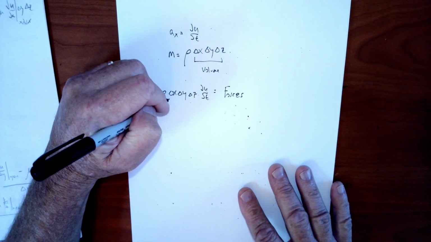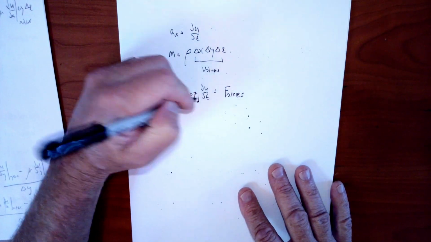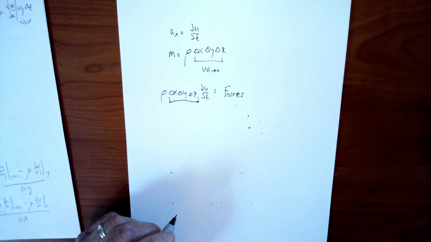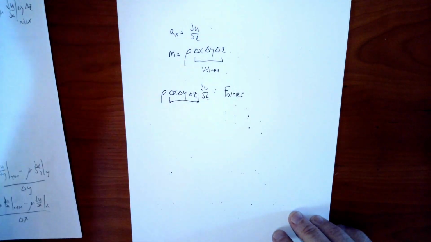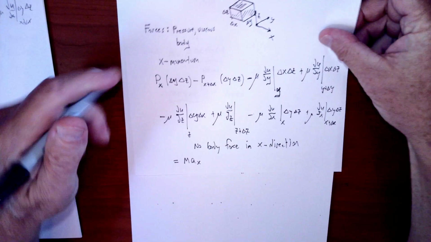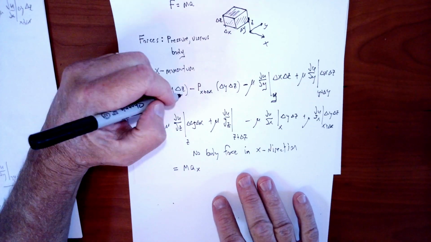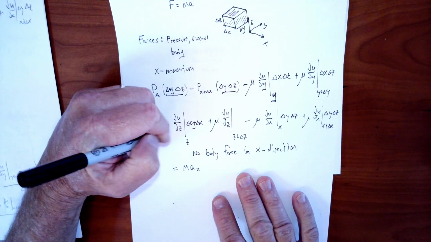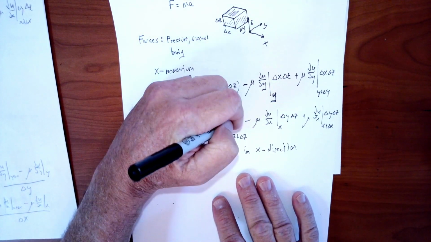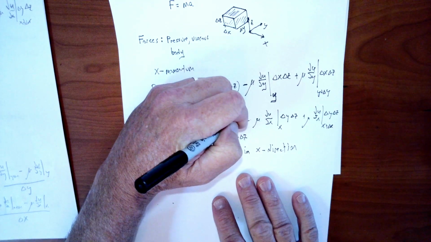Now I'm going to divide everything by delta x, delta y, and delta z, right? So if you look back at these terms, this one has a delta y and delta z in it. This one has a delta y and delta z in it. This one has a delta y and delta x in it. This one's supposed to have a delta y and delta x in it too.